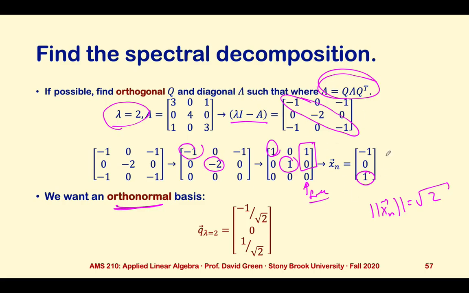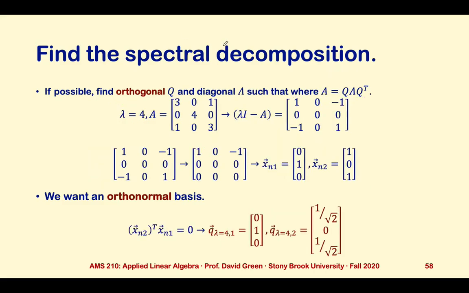We divide this through by the square root of 2, and an orthonormal basis for this is -1 over root 2, 0, 1 over root 2. Note that because we only have a single vector, it's really only the normalization piece that matters.